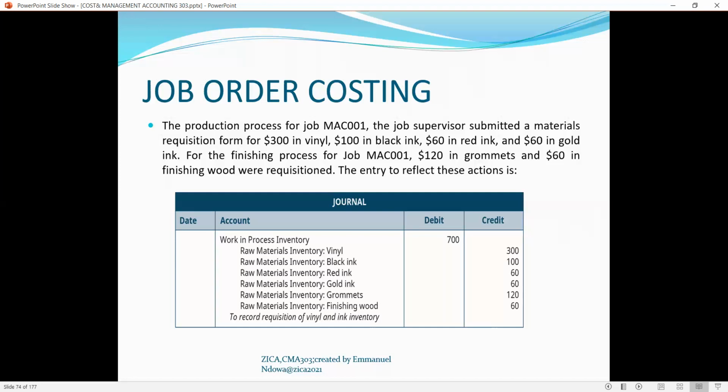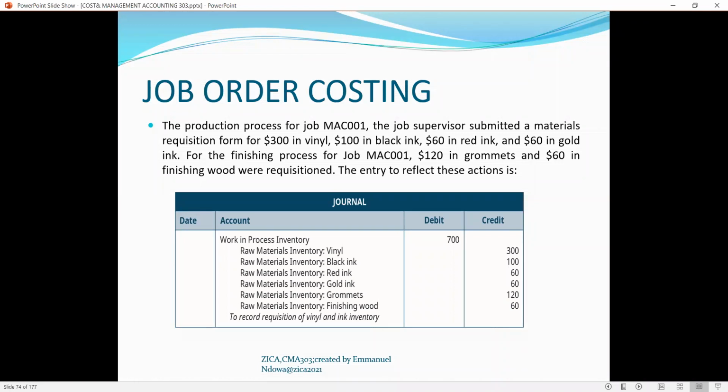And then black ink, 100, red ink, 60, gold ink, 60, garments $120, and then finishing wood $60. Each and every material account that is given, you then need to credit.